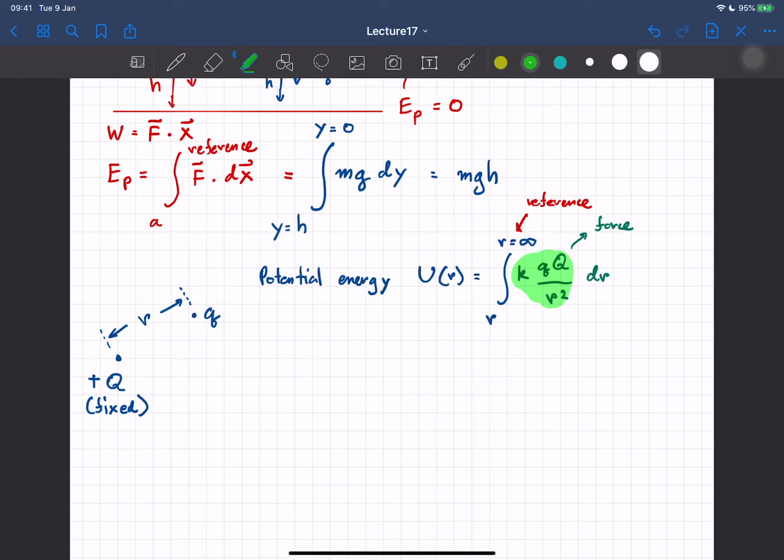It's exactly the same formula that we had up there, except I should write displacement, except it's in the r direction. So it's the same as this.